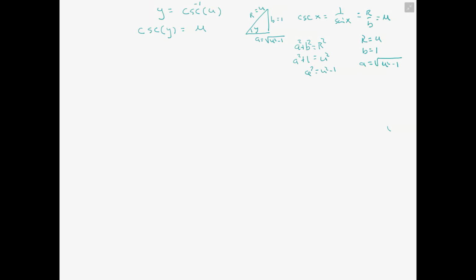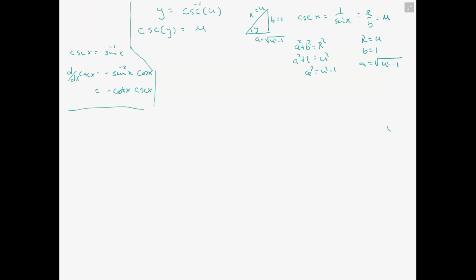Now, we go through our procedure. We go cosecant x equals 1 over sine x, and so d dx of cosecant x equals minus sine squared x cos x, and that is equal to minus cotangent x cosecant x.